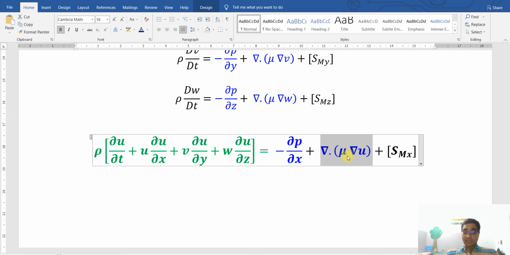Kutta condition says that the flow should go smoothly. The Kutta condition for the vortex strength says that gamma at the trailing edge of the airfoil should be 0, meaning the flow should go through the airfoil smoothly till the end.